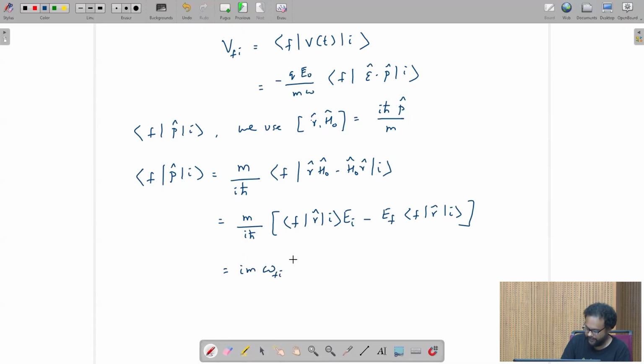Basically, I do E_f minus E_i, pull it out, times <f|r|i>. Now I am able to rewrite this matrix element associated with my momentum operator with a position operator. You will see why this is going to be useful.